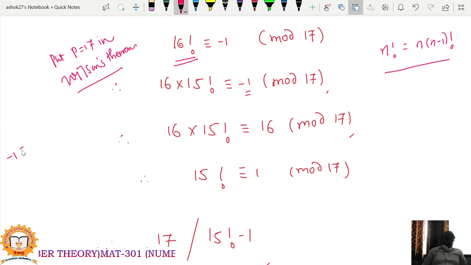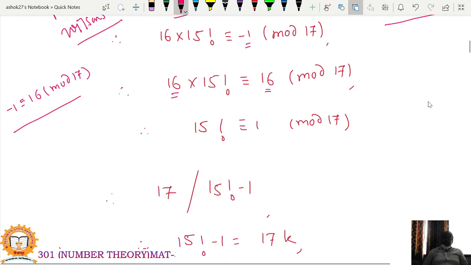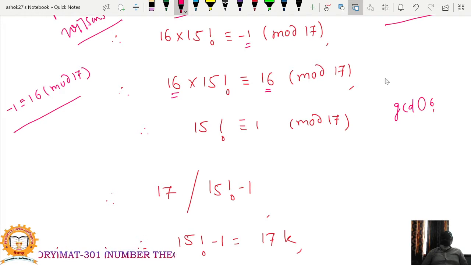Minus 1 is congruent to 16 modulo 17, because minus 1 minus 16 is minus 17, and 17 divides minus 17. So we can replace minus 1 by 16. So that will imply, and you can cancel the 16 from both sides, because what is the GCD of 16 and 17?